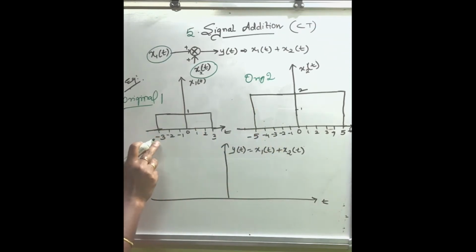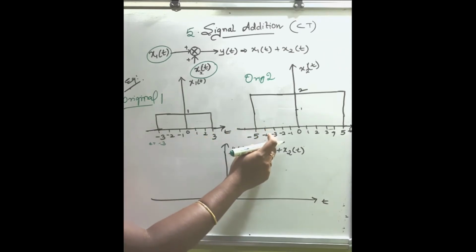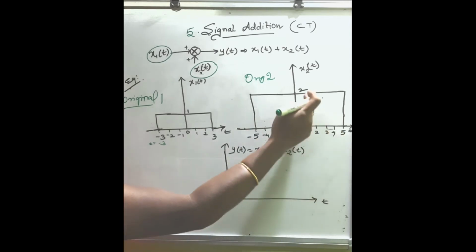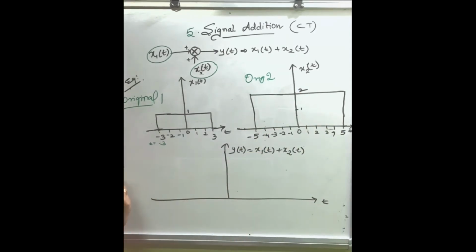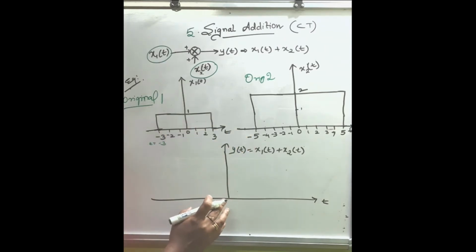In the first signal, there is an amplitude of 1, and it starts from t equal to -3 and goes on till t equal to 3. Whereas in the second signal, it starts from -5, goes on till 5, and the amplitude is 2. Now we are asked to add the two signals. Let's see what comes.